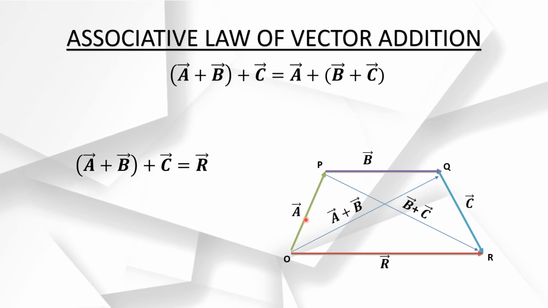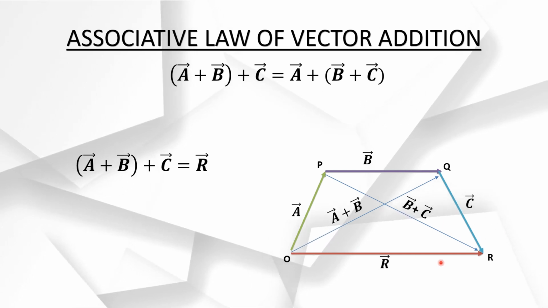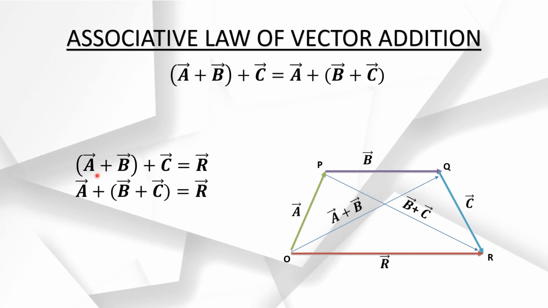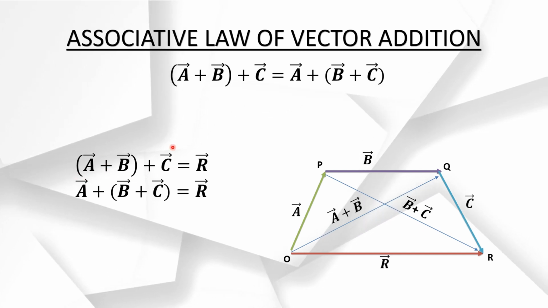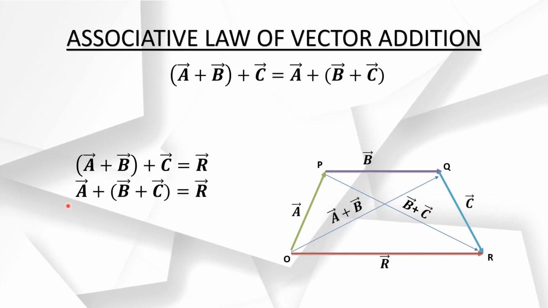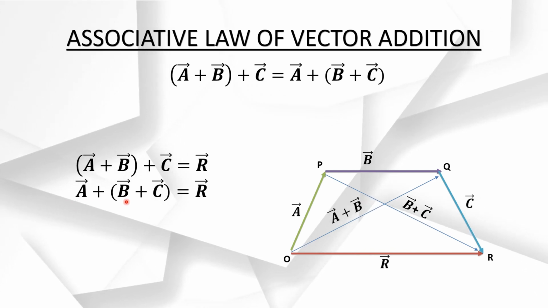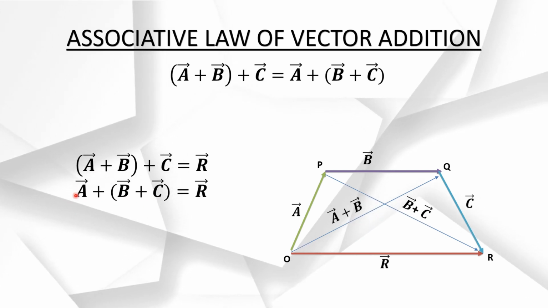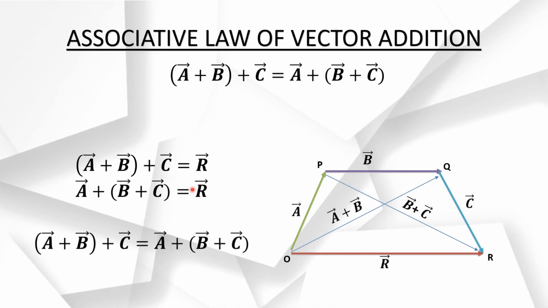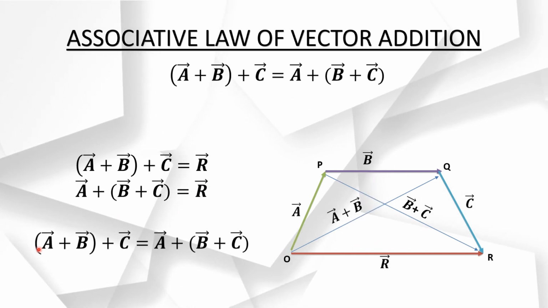So when we added a plus b to c, we got this resultant r. And when we added b plus c first and then a, we got the same resultant r. So we can conclude that (a plus b) plus c is equivalent to a plus (b plus c).